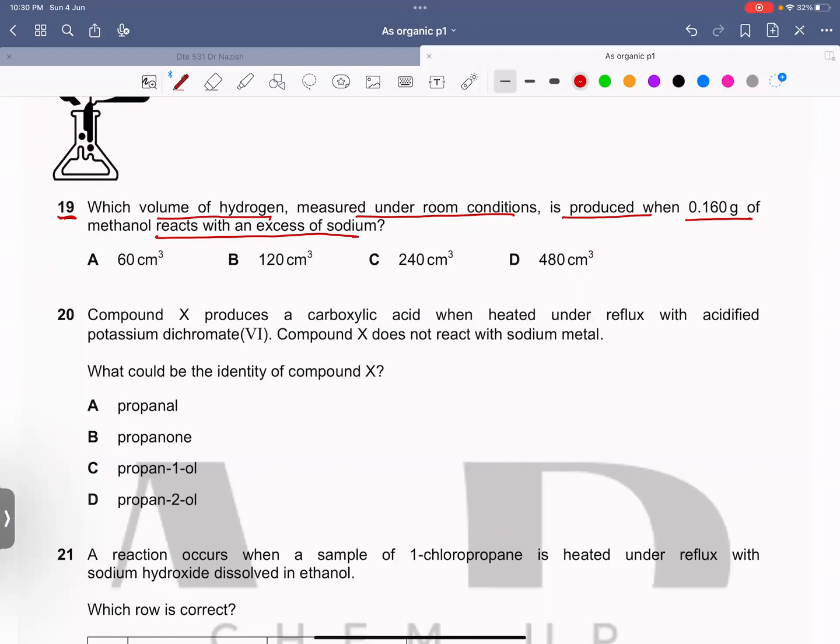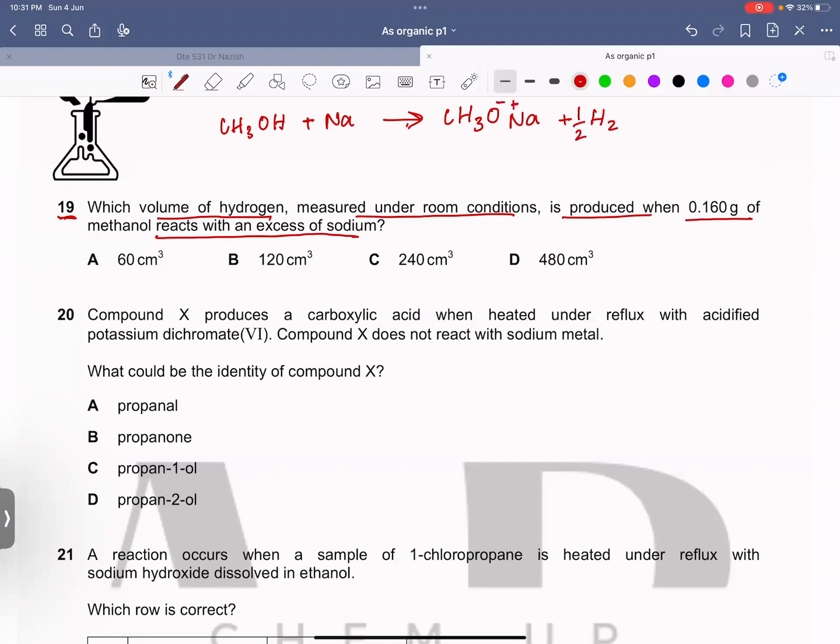So we have methanol, CH3OH, and it is reacting with sodium. What products will we get? CH3ONa and hydrogen.